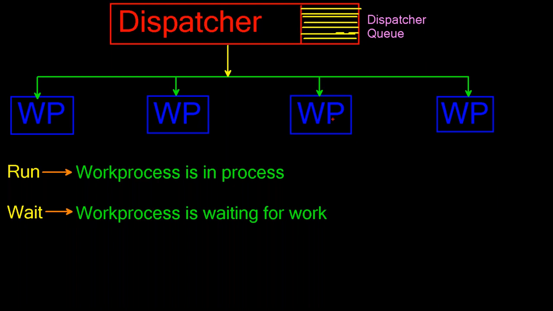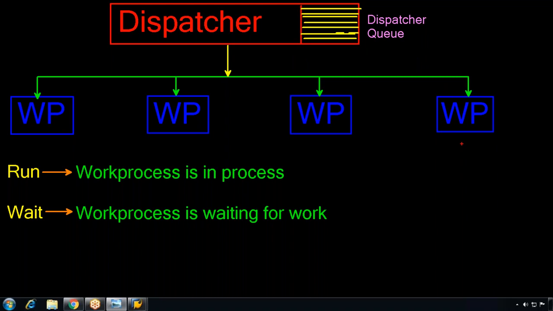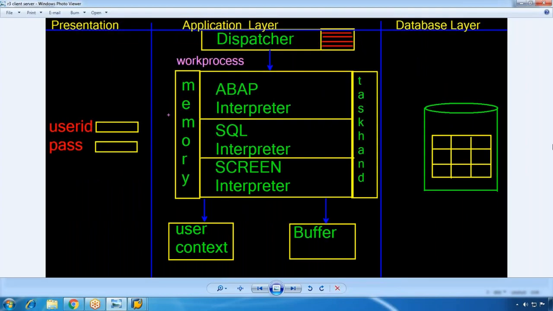If the fourth work process is in wait status, the coming request is assigned to this work process, because wait status means the work process is waiting for work. That's why the dispatcher assigns the user request to that particular work process. So this is the dispatcher activity. After assigning the work to that particular work process, what happened? I will explain to you.